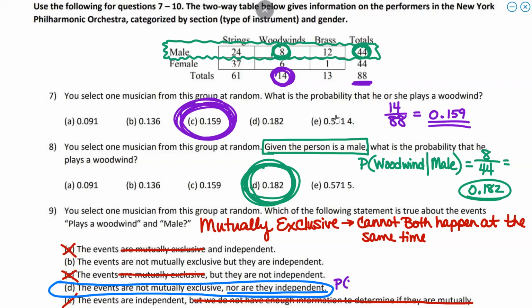Because the probability of playing a woodwind was not equal to the probability of playing a woodwind if you're a male. According to this, males have a greater chance of playing a woodwind instrument than females do.